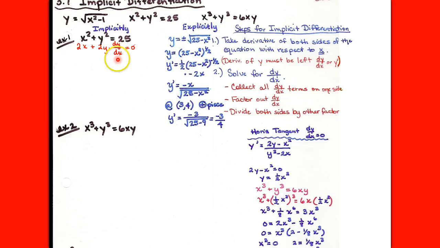So if I'm going to get dy dx on one side by itself, then I'm going to subtract this 2x over to the other side. And then to get dy dx by itself, I'm going to need to divide both sides by 2y. Do any simplification that I can. So those 2's would cancel each other out, and we'll get negative x over y.